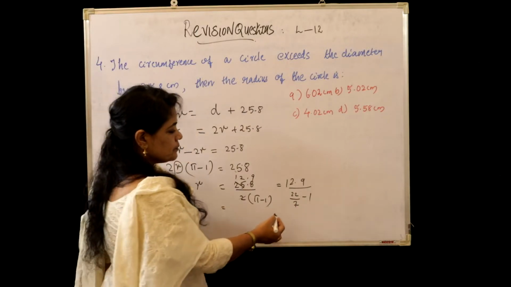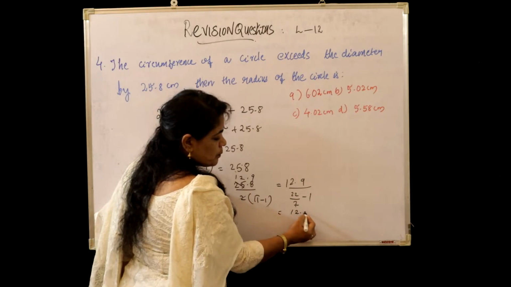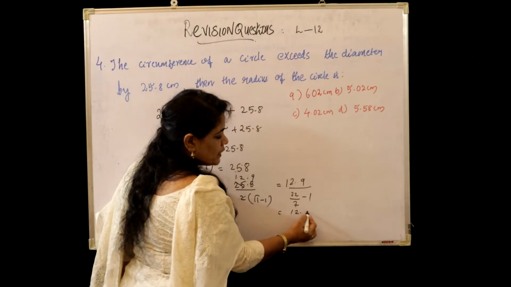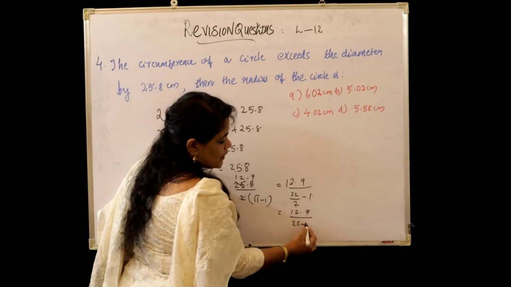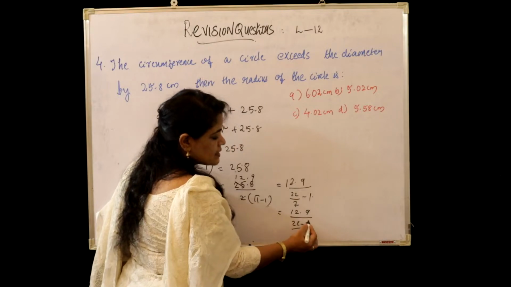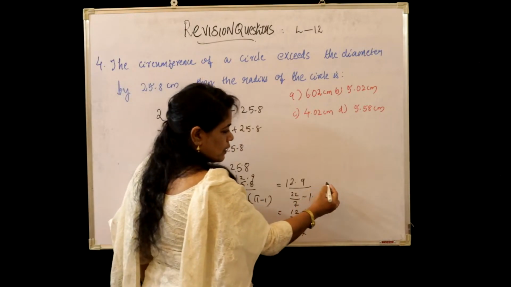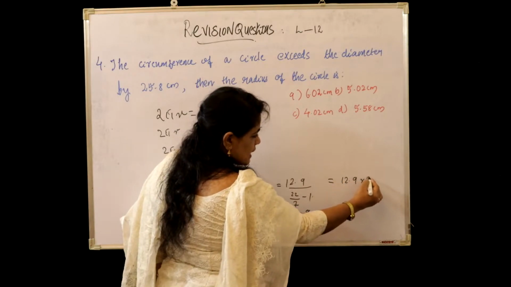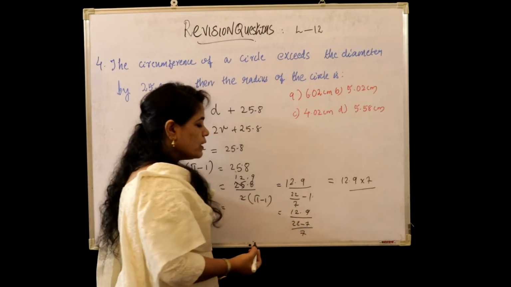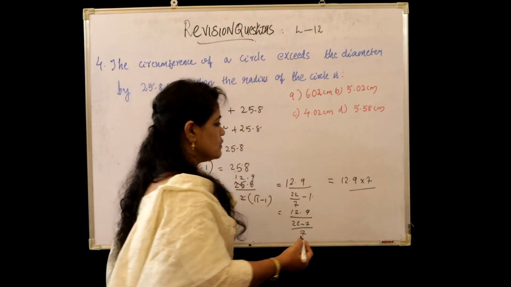So we can cross multiply, that is 12.9 divided by (22 minus 7) divided by 7. We can take the reciprocal, so it will be 12.9 into 7 divided by, what is 22 minus 7? That is 15.